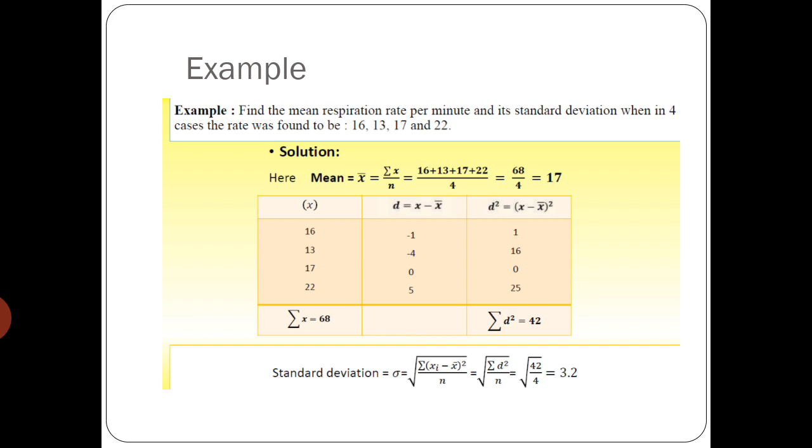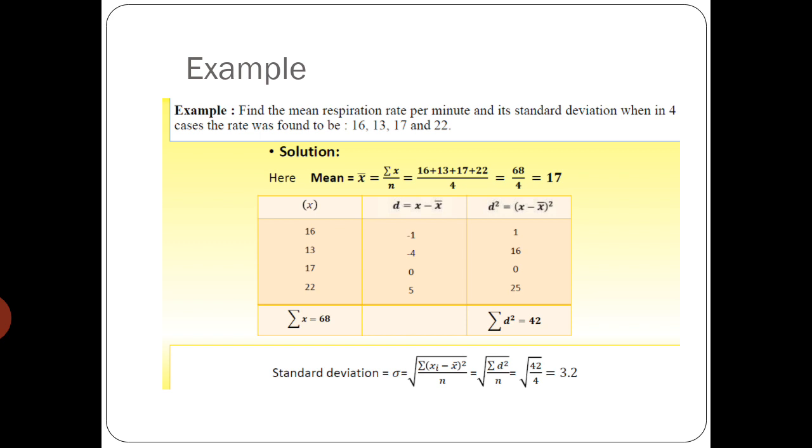Minus 1 square is 1. Similarly for 13, the difference is 13 minus 17, that's equal to minus 4, and the square is 16. Third one, 17 minus 17 is 0, and the square is 0. Last one, 22 minus 17 is 5, square is 25.